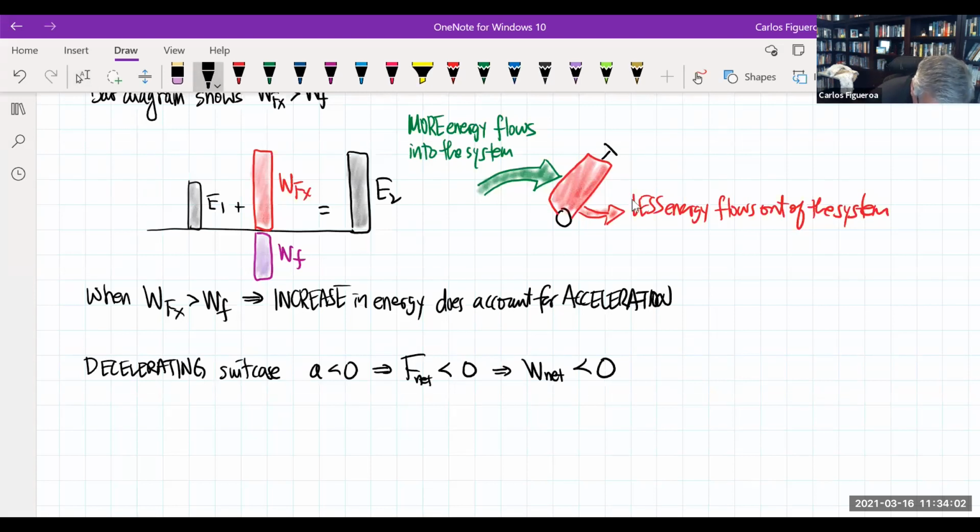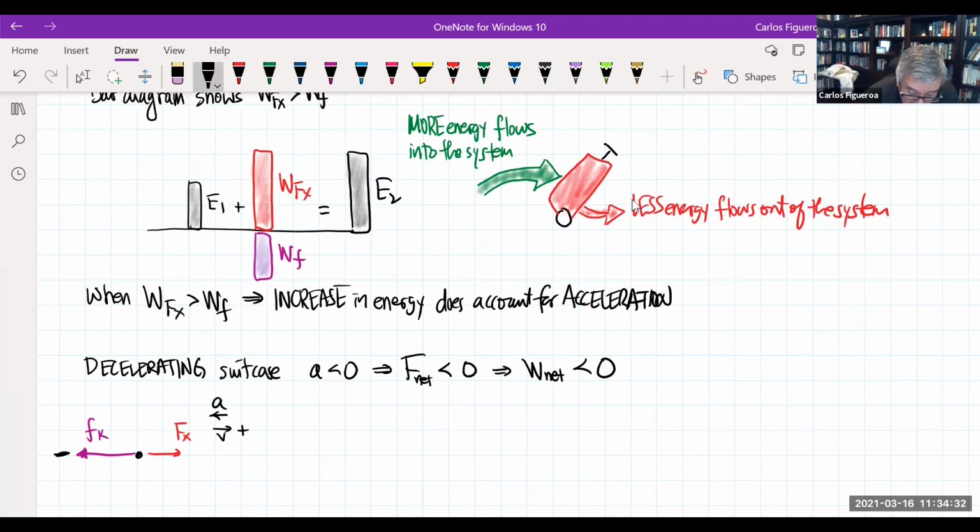So picture-wise, what does this really mean here? Well, if I look at my free body diagram, the big difference is that the frictional force has to be larger than the force in the x direction. And since my velocity is in this direction, the acceleration is going to switch directions here.